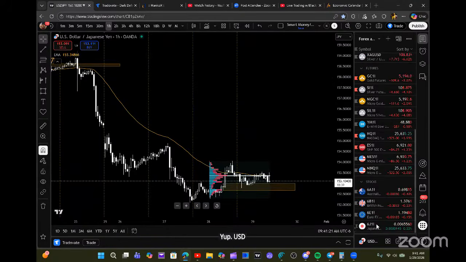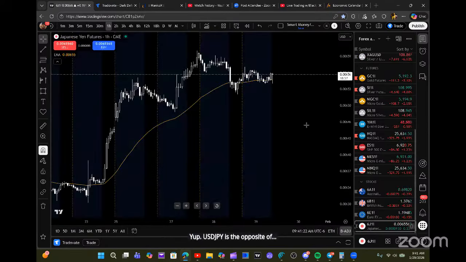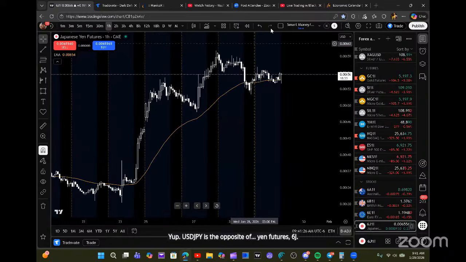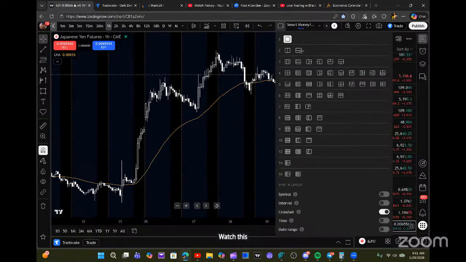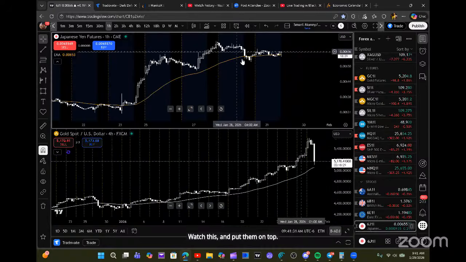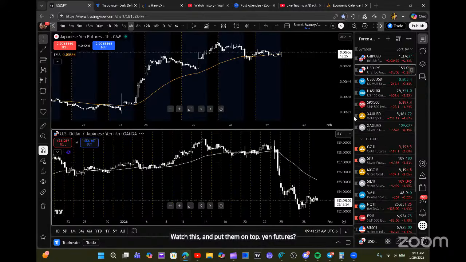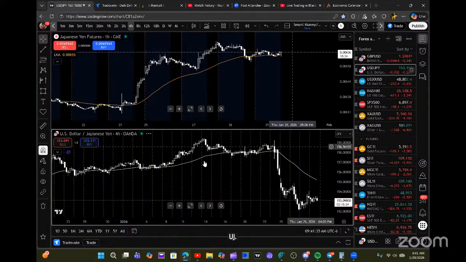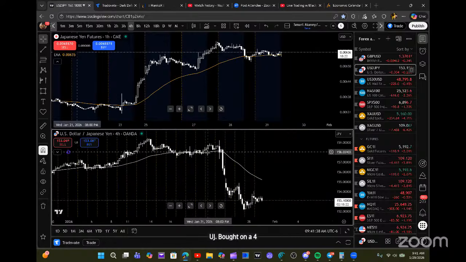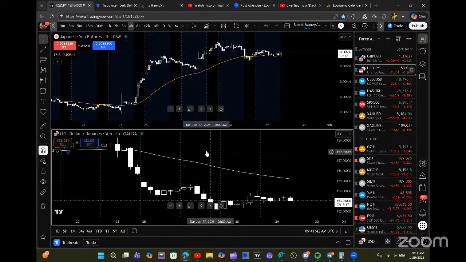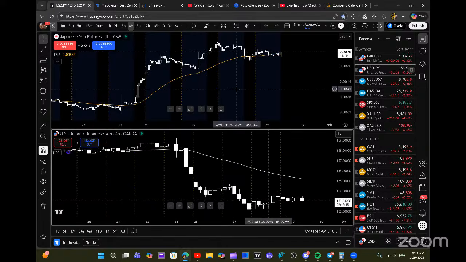USD/JPY is the opposite of yen futures, 6J. Watch this. I'll put them on top. Yen futures, UJ. Both on the 4-hour. Actually, I'm going to do this.